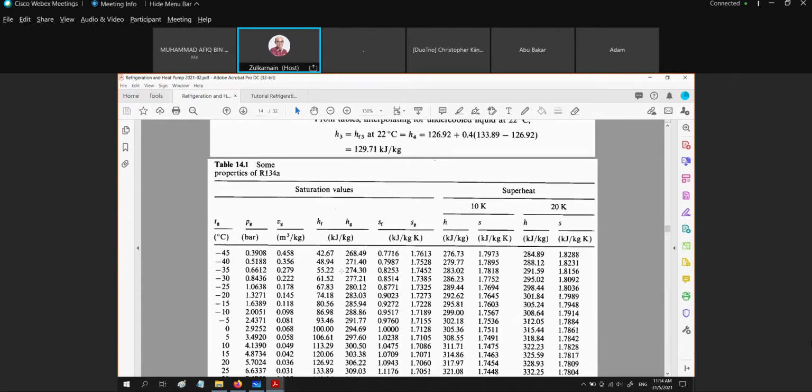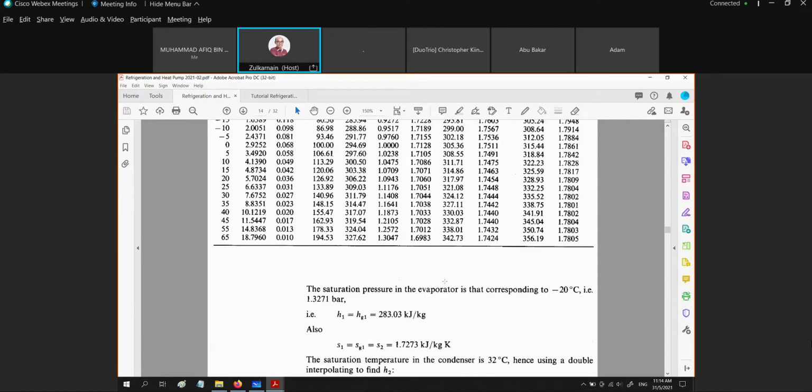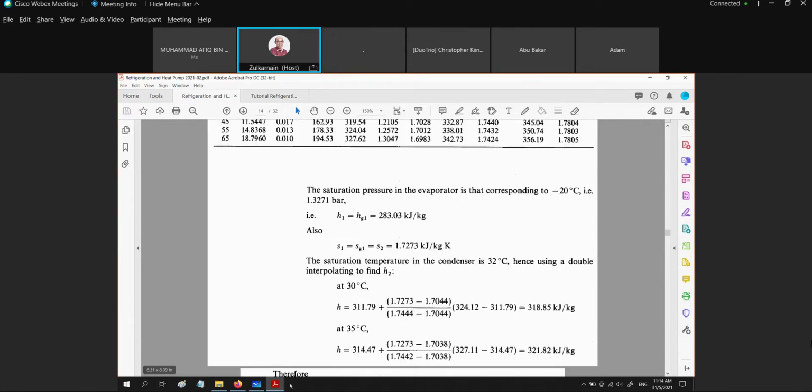We are going to use the table that we use in thermodynamics from the Yunus Cengel textbook. Okay, so let us continue with yesterday's question.